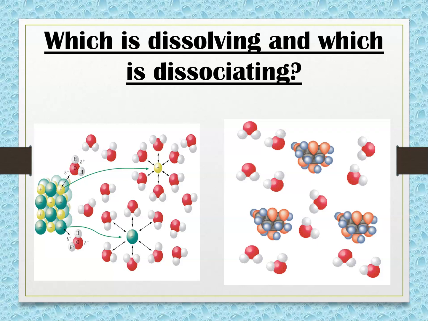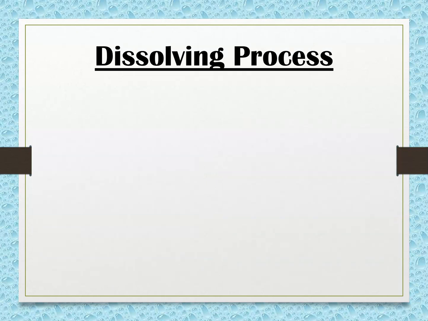In the right-hand diagram, there's nothing dissociating. It's not coming apart, but the water molecules could be forming an attraction around it, so it could also be dissolving. Questions on this one? So there's our dissociating but also dissolving, and this one is just dissolving. Woohoo!